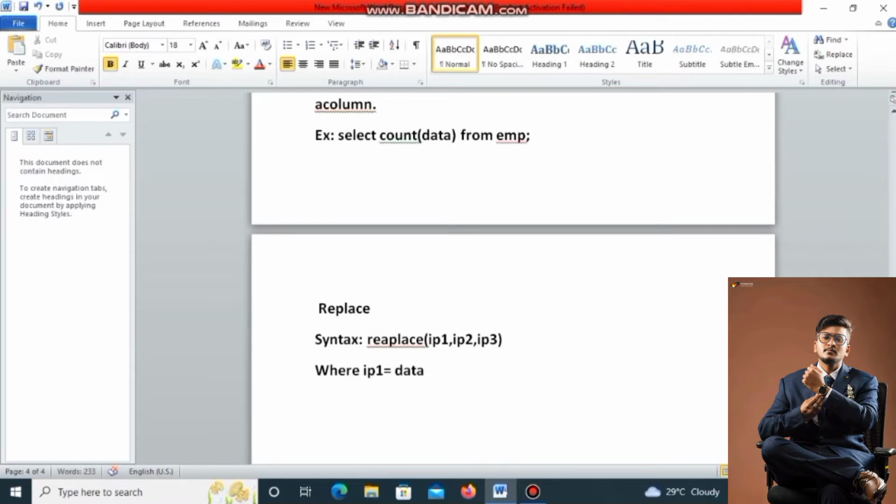Input 2 is equal to the characters to replace. Input 3 is equal to the replacing characters.